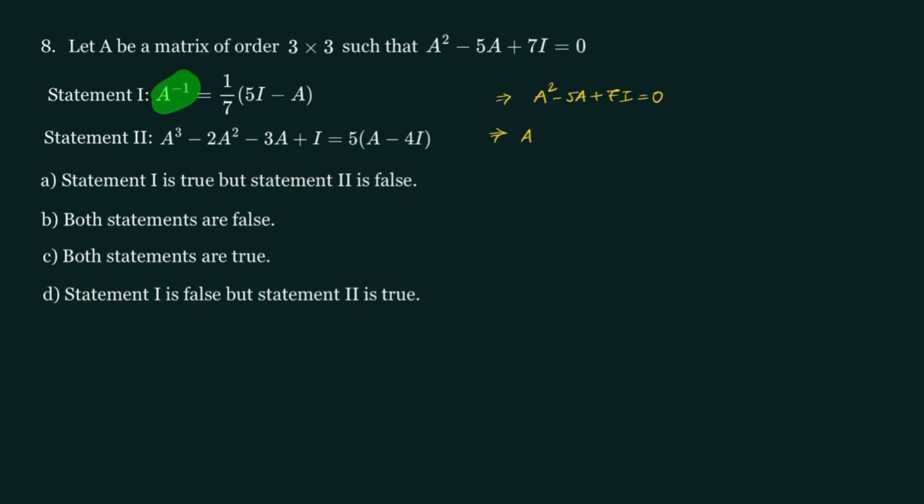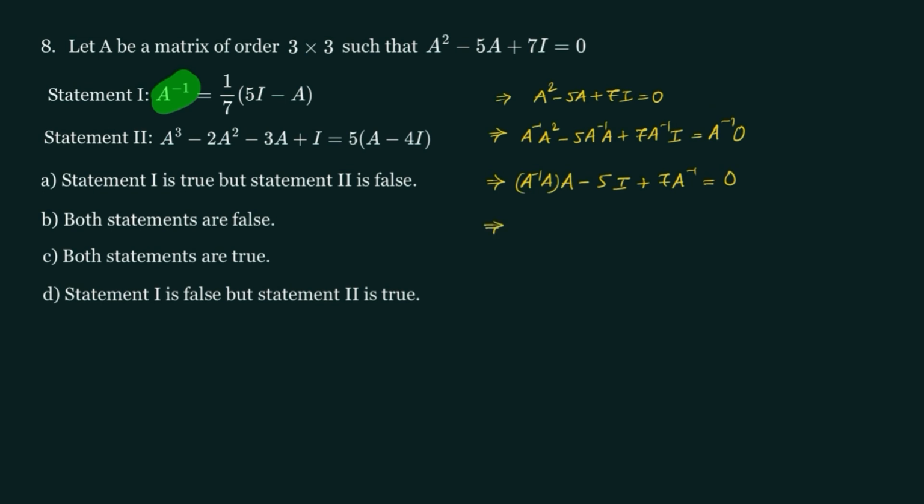So it will be A inverse of A square minus 5 A inverse of A plus 7 A inverse of I equals A inverse of 0. Now this A inverse of A square can be written as A inverse times A times A, minus 5 times A inverse A, which is the identity matrix, plus 7 A inverse of the identity matrix, which is A inverse only, equals A inverse of the zero matrix, which is 0.